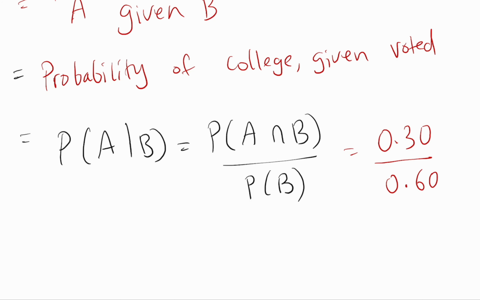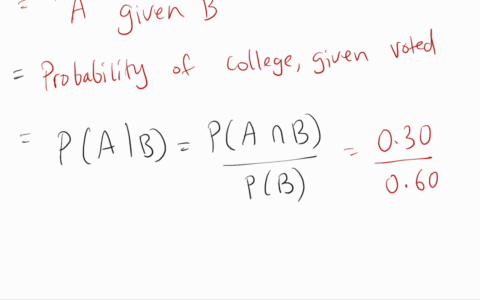But here you're given this additional information, which is that they voted, and that still ended up being 50%. Now, this actually, believe it or not, is a coincidence. And when basically the probability doesn't change, when the probability of A is the same whether or not this B is given, that is a sign that the two events are independent.